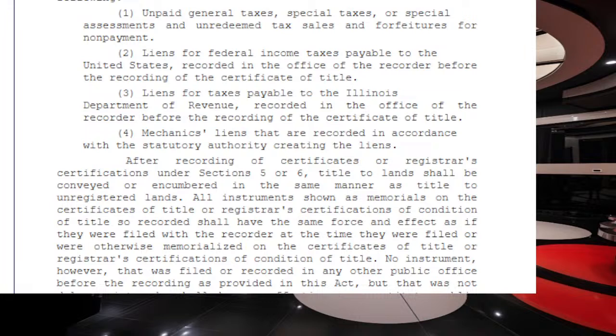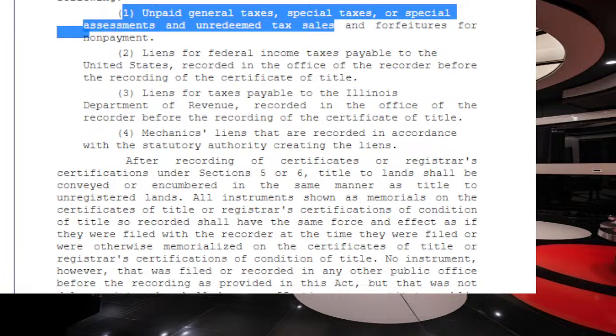Upon each filing with the recorders under Section 5 or 6, the recorded certificate or register's certification shall, from and after the date of the recording, constitute a new chain of record title in the registered owner of any estate or interest, as shown on the certificate or register's certification, subject only to the estates, mortgages, liens, charges, and interest as may be noted on the certificate or register's certification, and free from all other except the following: unpaid general taxes, special taxes or special assessments, and unredeemed tax sales and forfeitures.